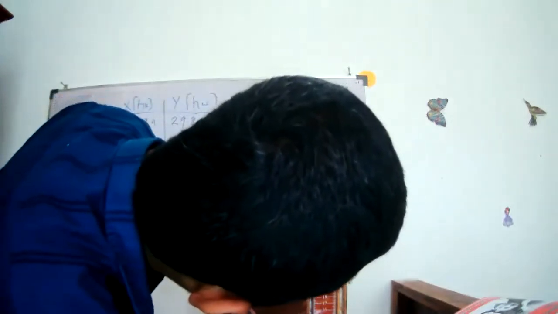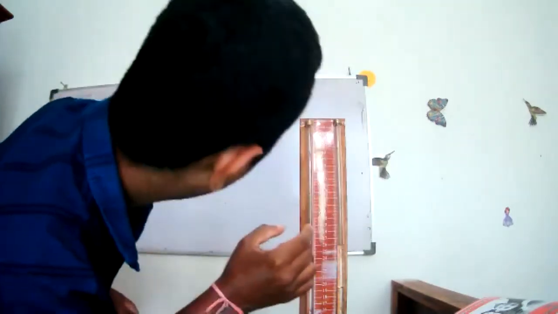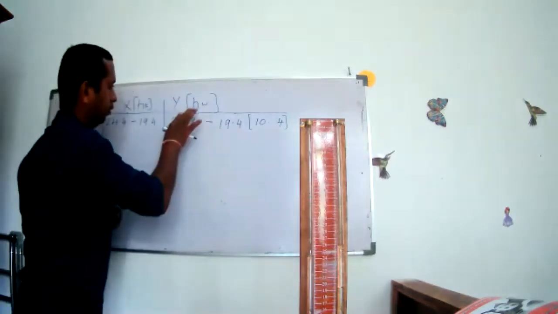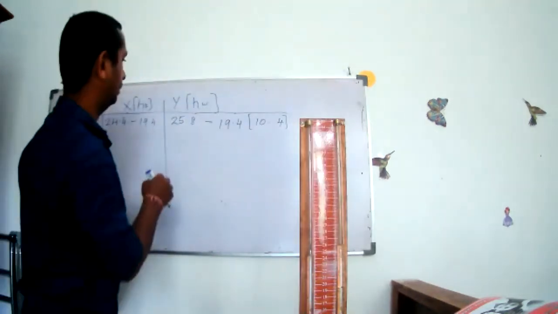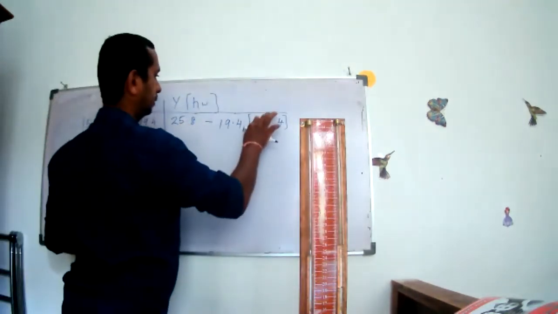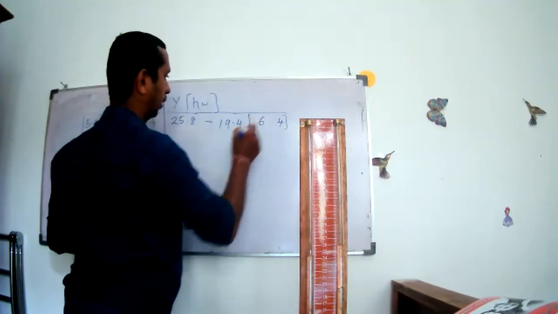Sorry, the reading is how much? 25.4. Not 29, this should be 25, right? Therefore, the difference is equal to 6.4, right?